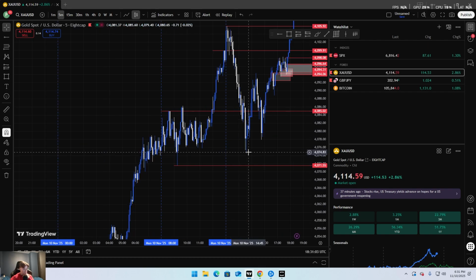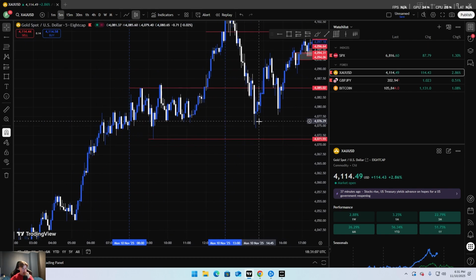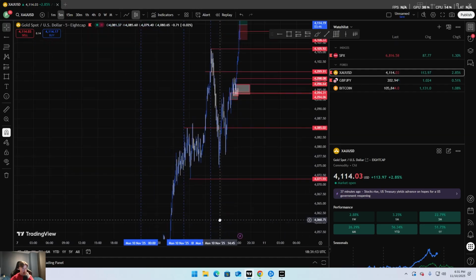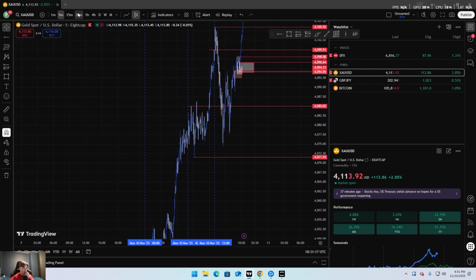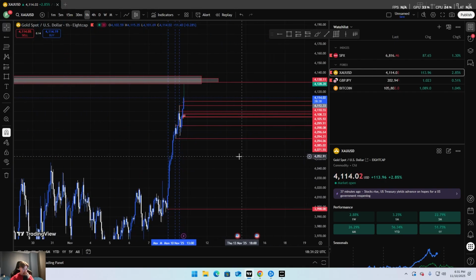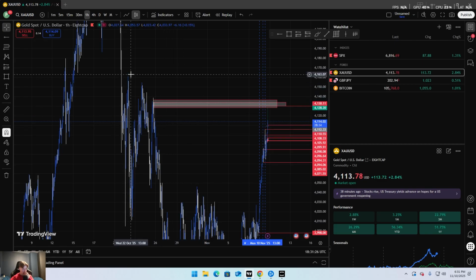So let's see where the market reacted off of here. I can see in 5 minutes the market actually just reacted off of that, but on 1 hour you can see the market did go down a lot. You can see over here it went down, went up, retraced to this one high.